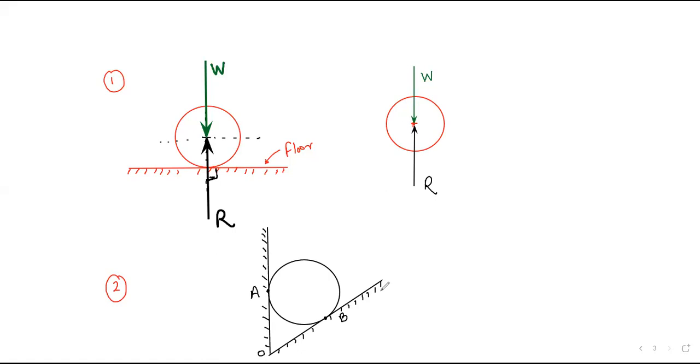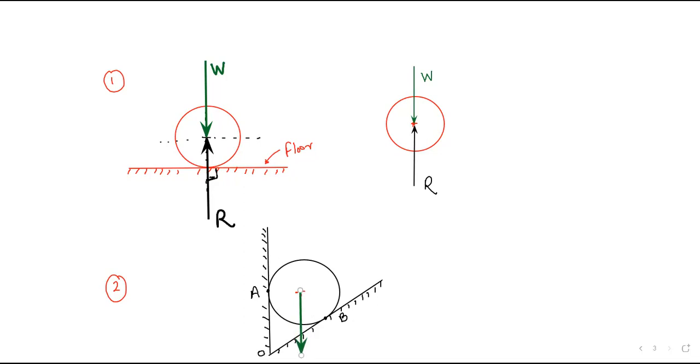Again, you can see the weight of the sphere is W. Now, instead of drawing a separate free body diagram, I will draw the free body diagram in this diagram only. Here you can see this is the sphere, so the centroid of the sphere must be somewhere here. If I draw the weight right now, I can show it vertically downwards, like this.